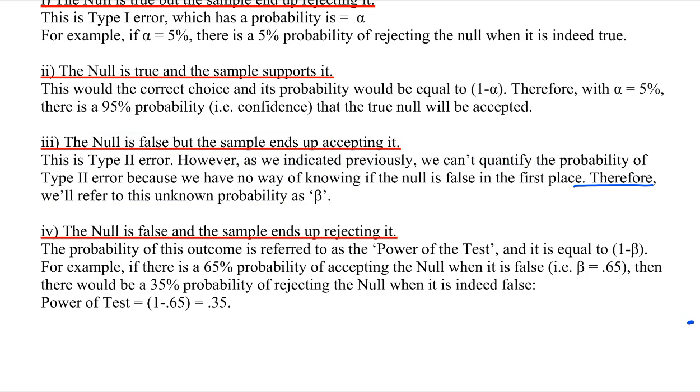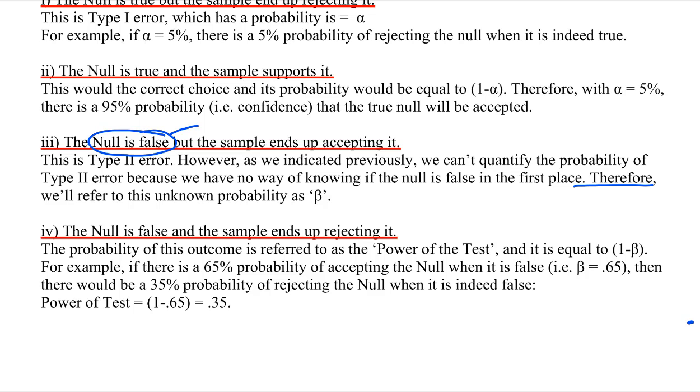And if I can just elaborate a little bit here, ladies and gentlemen, the fact that the null is false. First of all, again, we don't know what the true population value is. So how do we know for a fact that the null statement is false in the first place, right? And that's why I refer to this as a theoretical exercise.